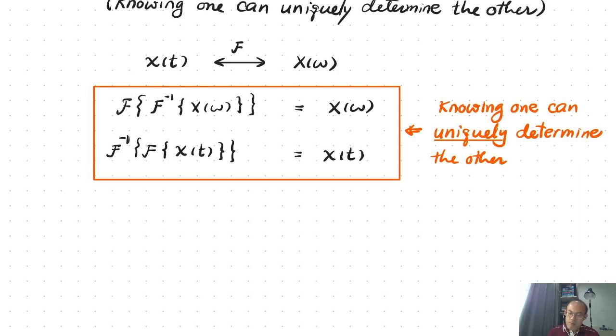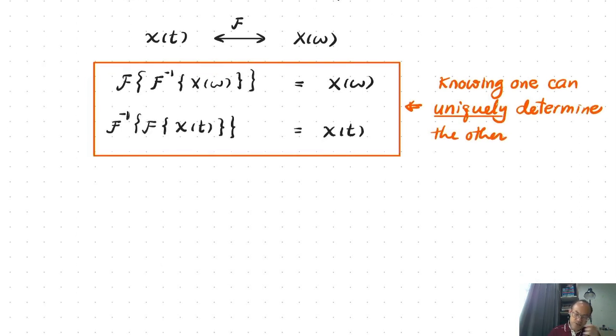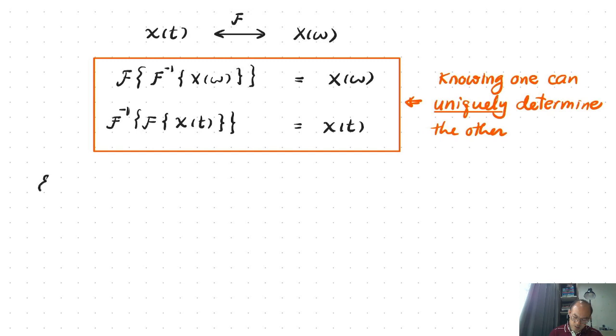Now, a couple of examples. We found last time a couple of Fourier transform pairs. We know that the delta unit impulse signal has a transform pair of 1.